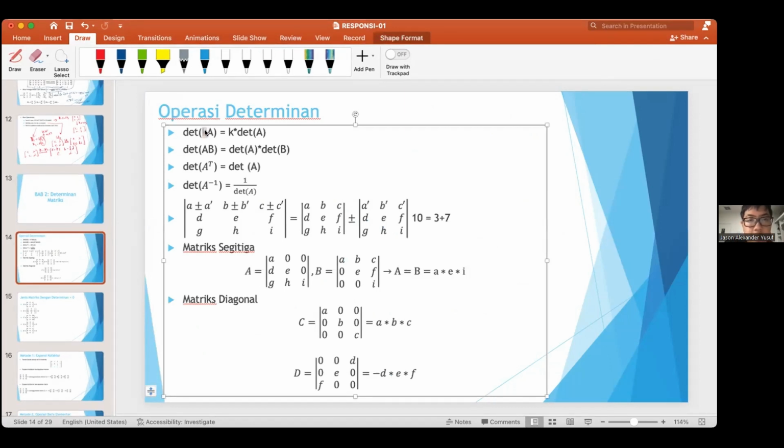To find the determinant of the new matrix, it will be that constant times the determinant of A. If we multiply two matrices together, A and B, the determinant of the new matrix will be the determinant of A times the determinant of B. And the next one, if we transpose matrix A, the determinant doesn't change, it will remain the same. And what do I mean by transpose?